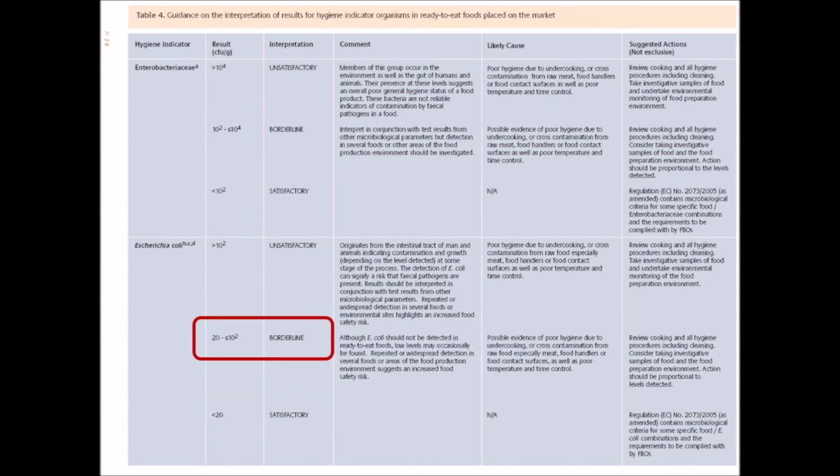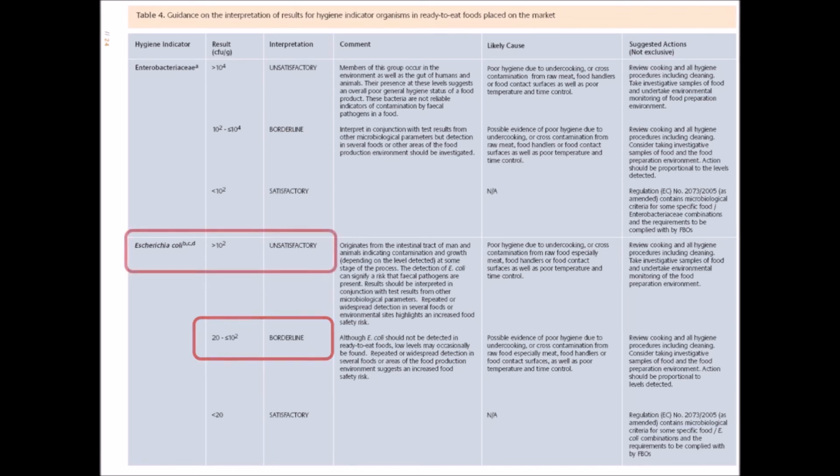A count between 20 and less than 10 to the power 2 colony-forming unit per gram is considered borderline. This indicates a possible evidence of poor hygiene due to undercooking, or cross-contamination from raw food, especially meat, food handlers, or food contact surfaces, as well as poor temperature and time control. Repeated or widespread detection in several foods or areas of the food production environment suggests an increased food safety risk.